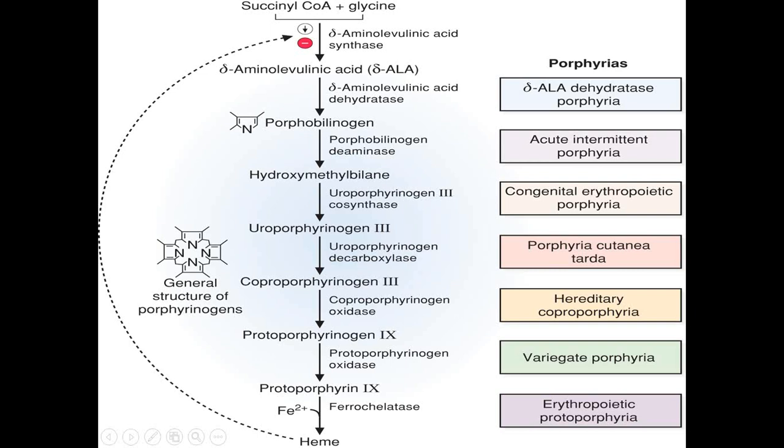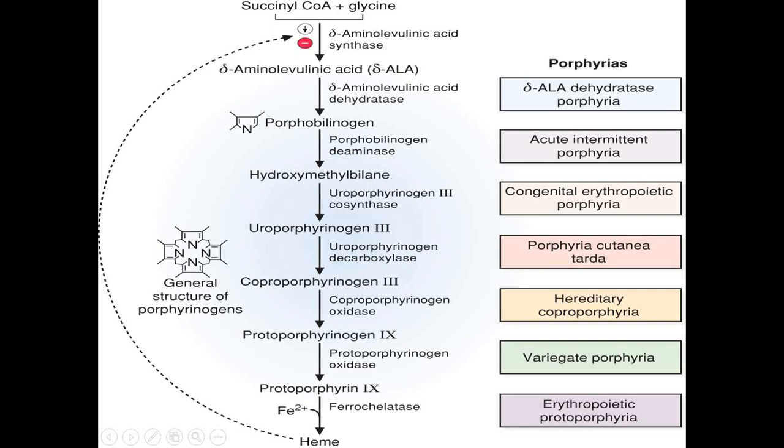These are the different types of porphyrias which occur at the level of specific enzyme deficiencies. If porphobilinogen deaminase is absent, then acute intermittent porphyria can occur. If uroporphyrinogen 3 cosynthase is absent, then congenital erythropoietic porphyria can occur.